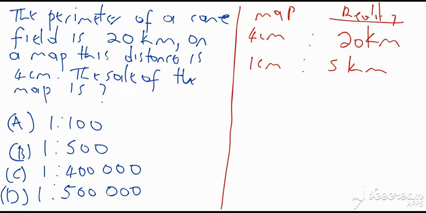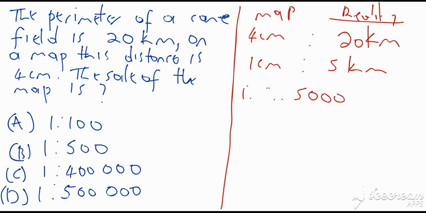It might be difficult to go directly from kilometers to centimeters, but we can go from kilometers to a more familiar unit. So what I could do is to change the 5 kilometers to meters, because we know that 1,000 meters make a kilometer. So we multiply the 5 by 1,000, which would become 5,000.